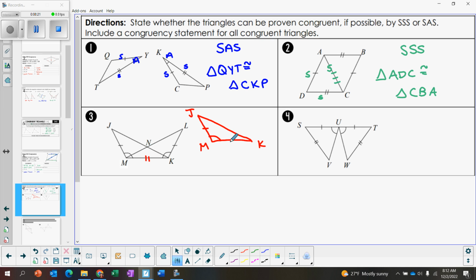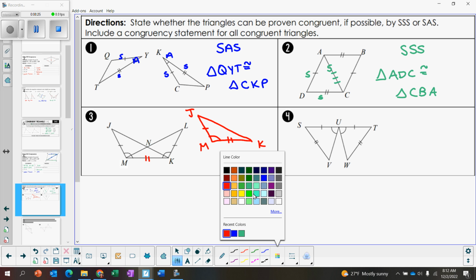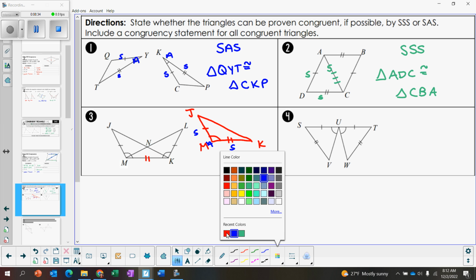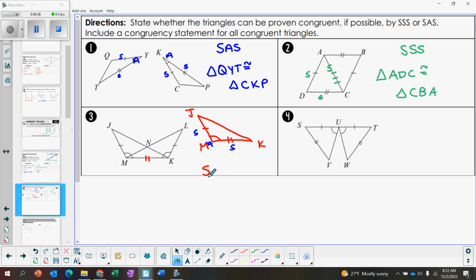We have one dash here, and we added the reflective side there. So looking at what I have marked here, that's a side, and an angle. And the angle is between two sides. So we could say this is SAS, triangle JMK is congruent to triangle LA.